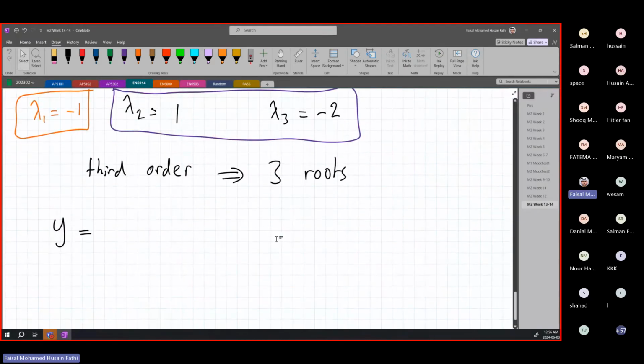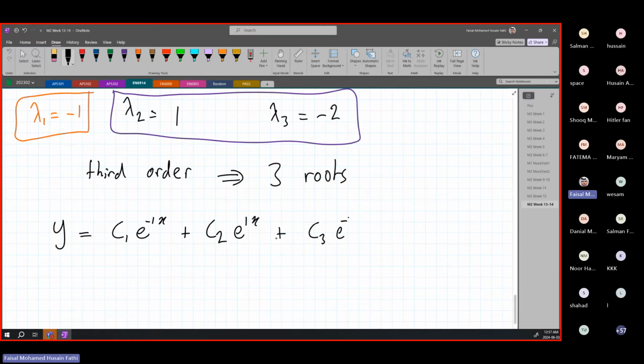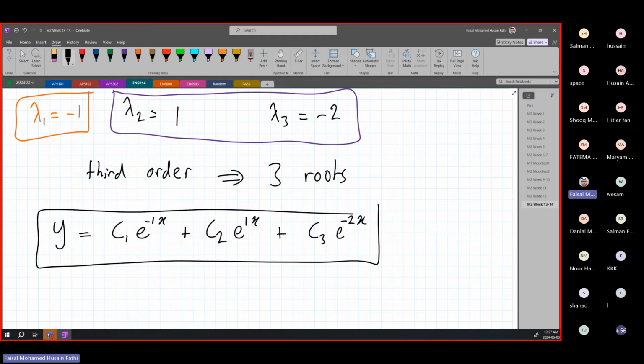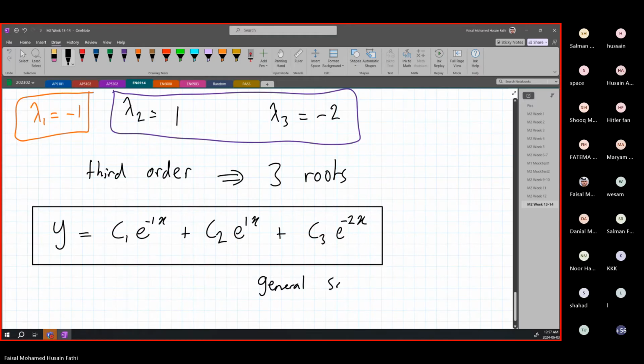So it's going to be c1 e to the power of lambda 1, which is negative 1x, plus c2 e to the power of 1x, plus c3 e to the power of negative 2x. And this is your general solution. Since we don't have any values for input, this is going to be our general solution.